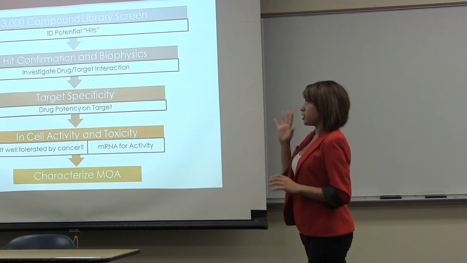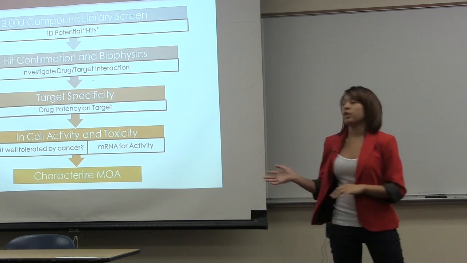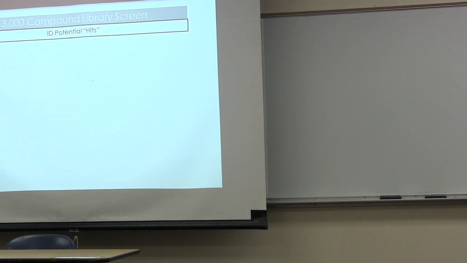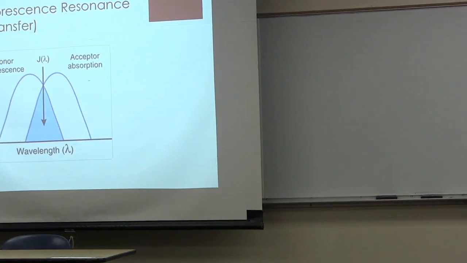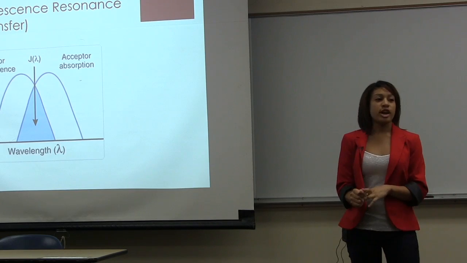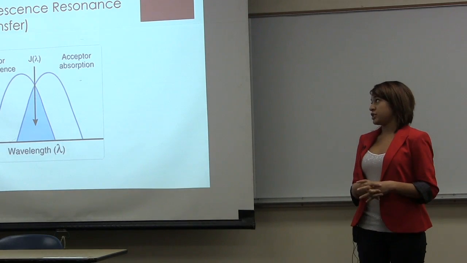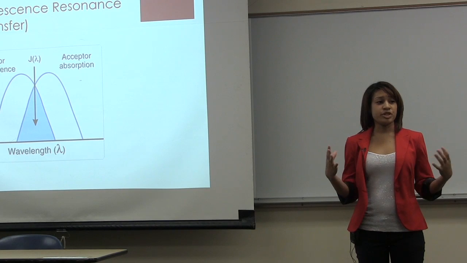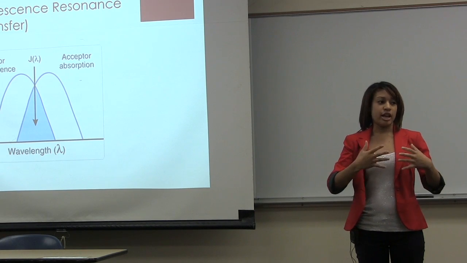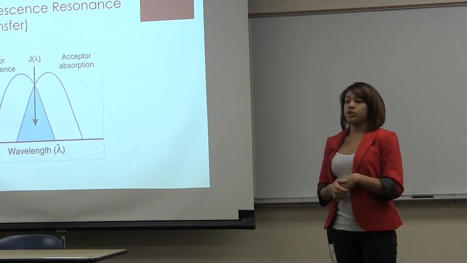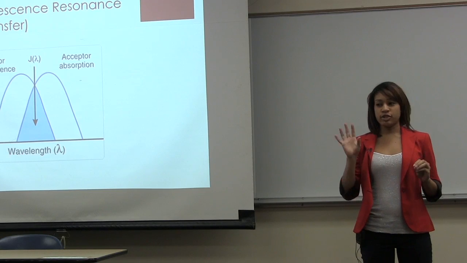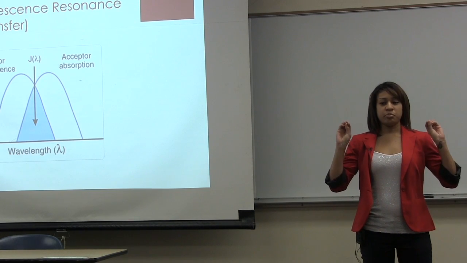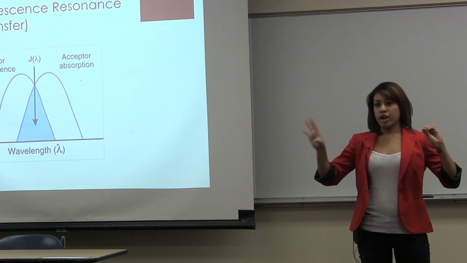What I initially started off with was a 3,000 compound library screen. And how I did this was we used FRET, which is fluorescence resonance energy transfer. How this works is you have a specific gene or DNA sequence that you're working with, and you can insert two different markers that express different things.